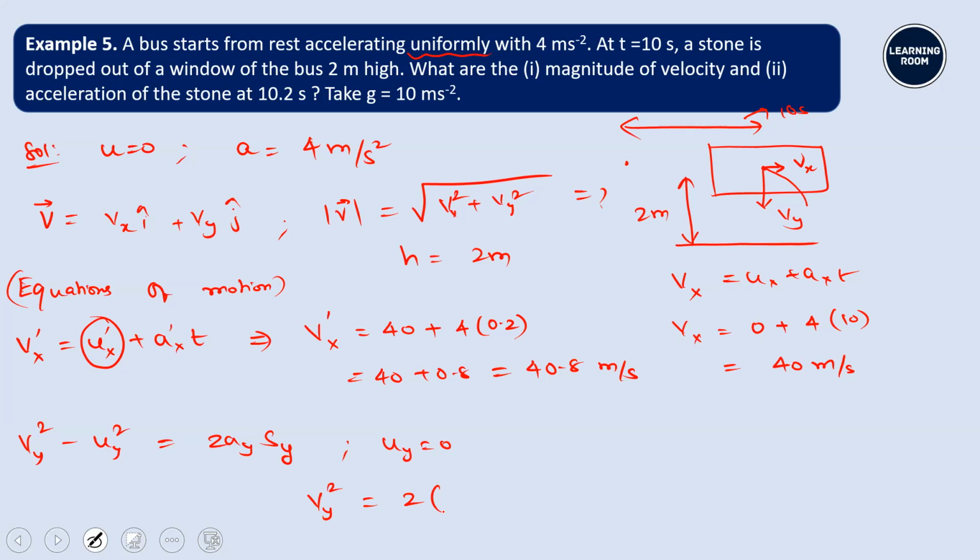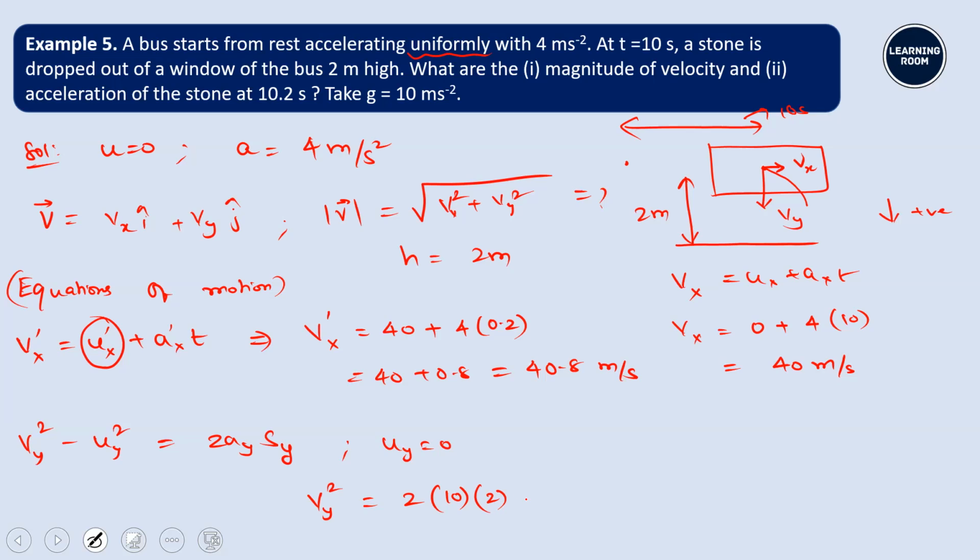So if I take the downward direction to be positive, Vy square will be equal to 2 into acceleration along y direction, which is g, that is 10, into displacement along the y direction. Here I took both of them to be positive because I assume the downward direction to be positive. If you take it as negative also there is no harm. This will be minus, this will be minus, both will get multiplied and be the same positive.